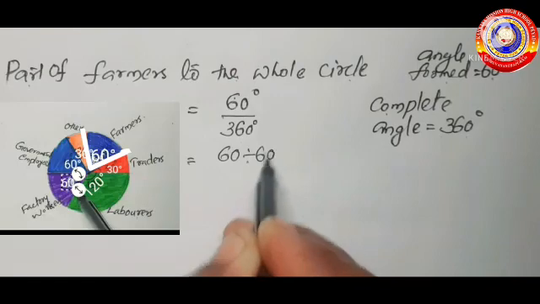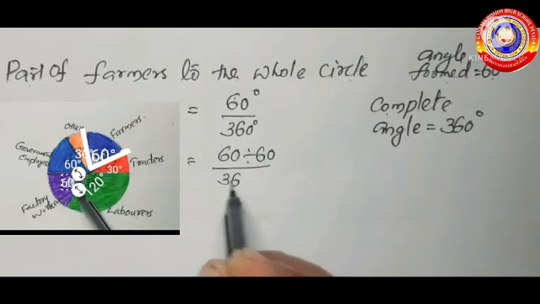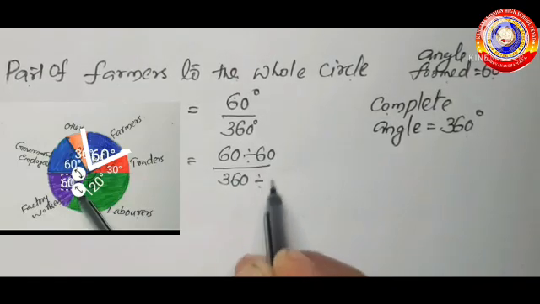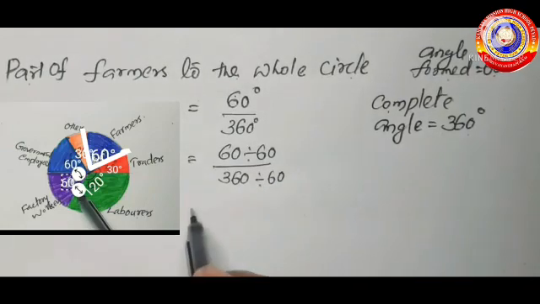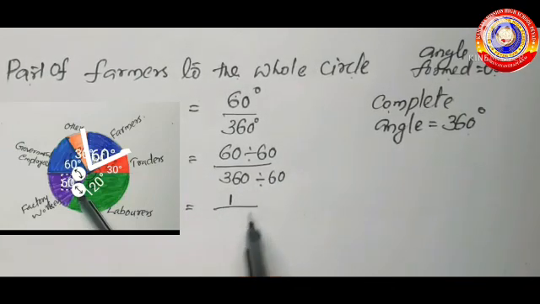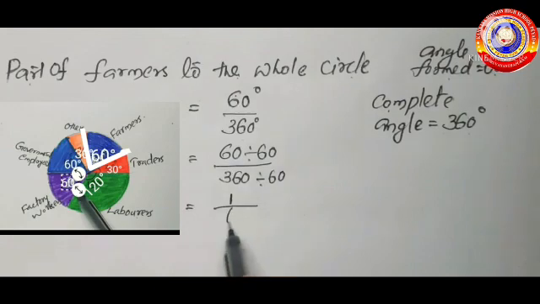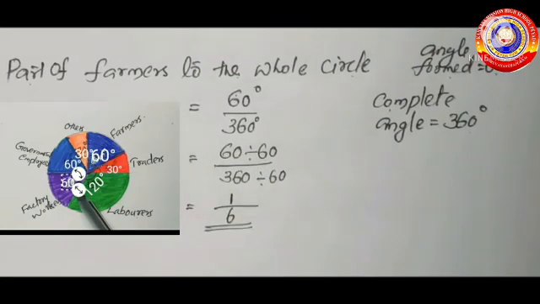In simplest form, we divide 60 on both numerator and denominator. 60 divided by 60 is 1. 360 divided by 60 is 6. So, the part of farmers to the whole circle is 1 by 6.